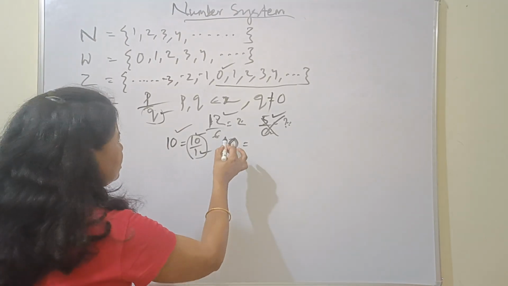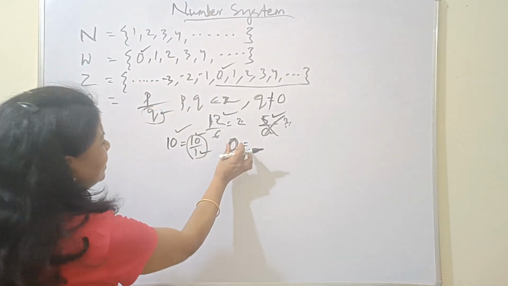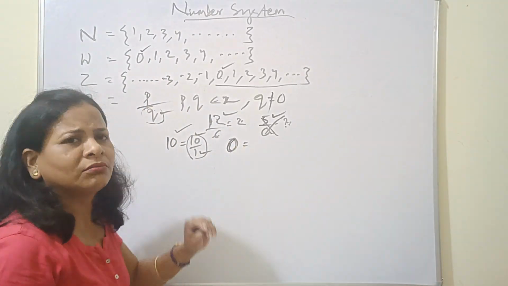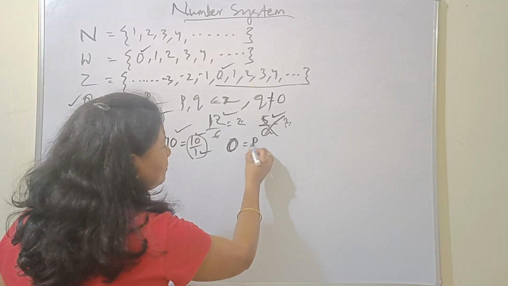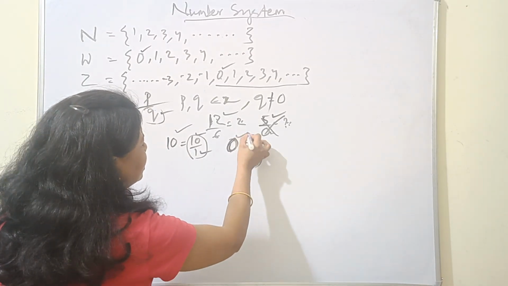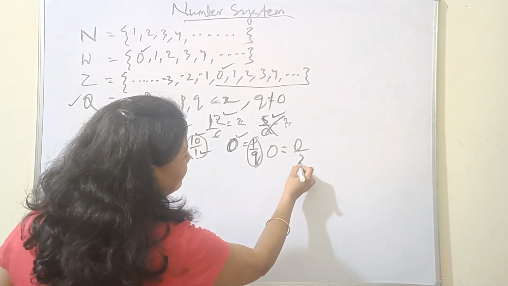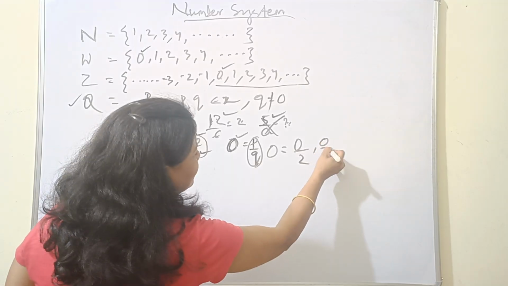So 0 is also an integer, 0 is also a whole number. How can we write it in the form of a rational number, means in the form of P by Q? What is P here, what is Q here? 0 can be written as 0 divided by any number, 0 by 2 or 0 by 3.